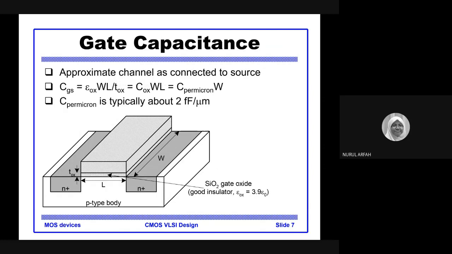So for the gate capacitance, the approximate channel is connected to the source and is equal to this. This is the area times the epsilon of the oxide layer divided by the thickness of the gate insulator. And then what is the C per micron?